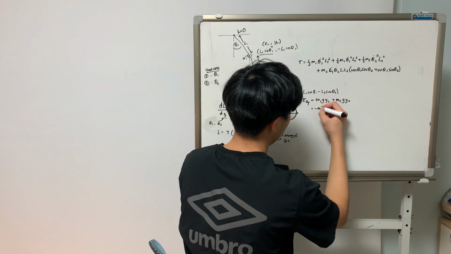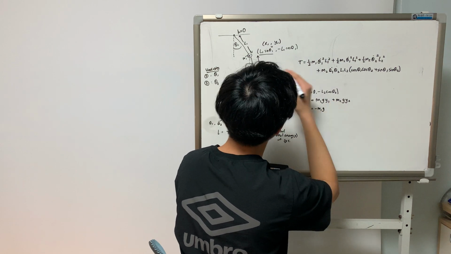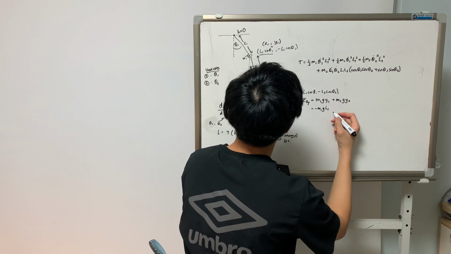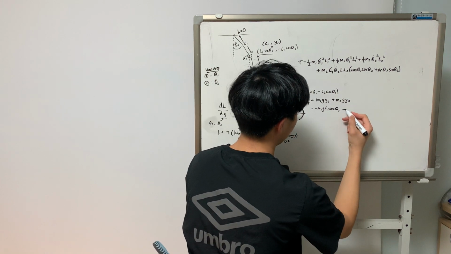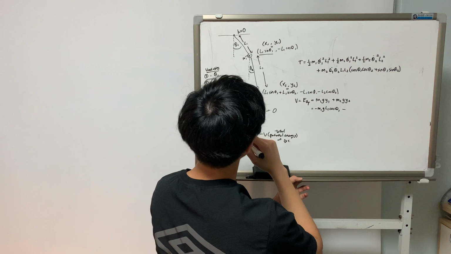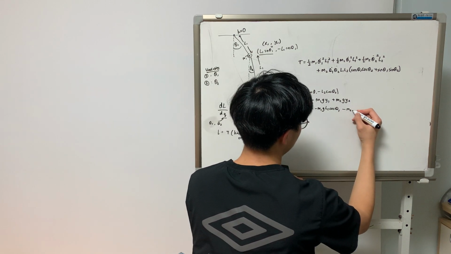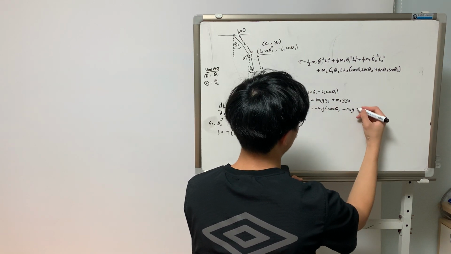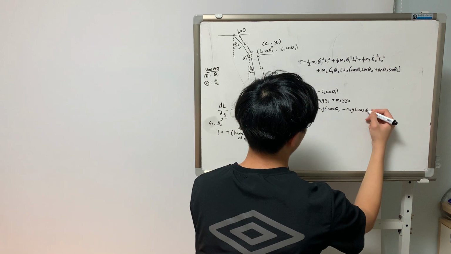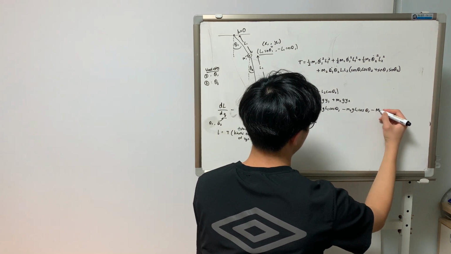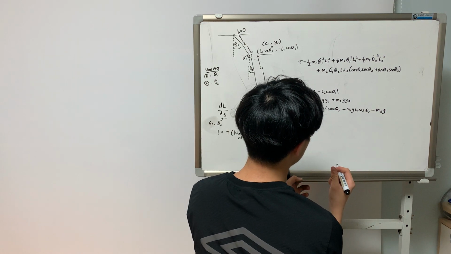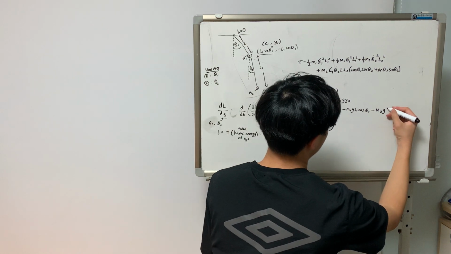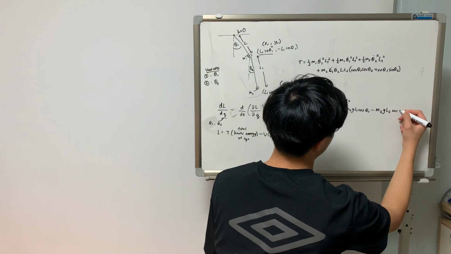All right, m1 g y1 is basically minus m1 g L1 cosine of theta 1, and y2 is minus m2 g L1 cosine theta 1 minus m2 g L2 cosine of theta 2.